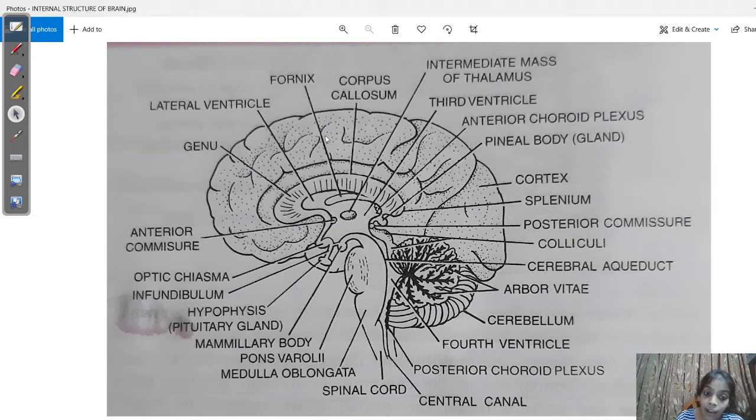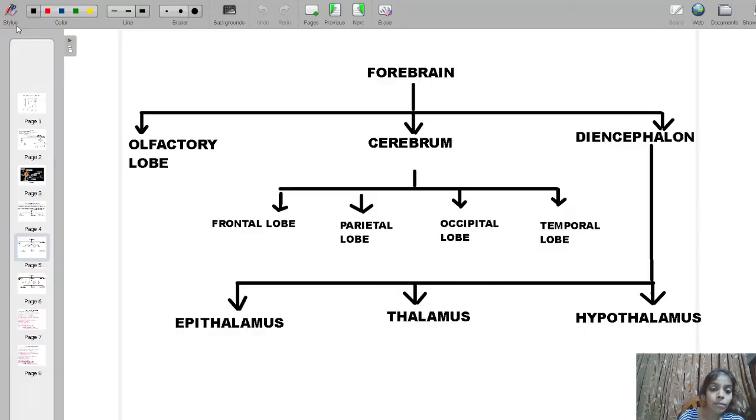This entire part that the cursor is pointing to is the cerebrum. The forebrain can basically be divided into two parts: the cerebrum, which is the major part, and the diencephalon. The diencephalon in turn has three parts. So the forebrain has the cerebrum or cerebral cortex and the diencephalon.